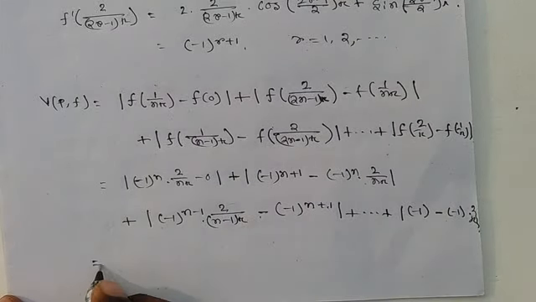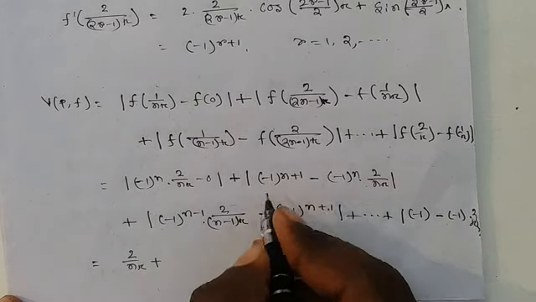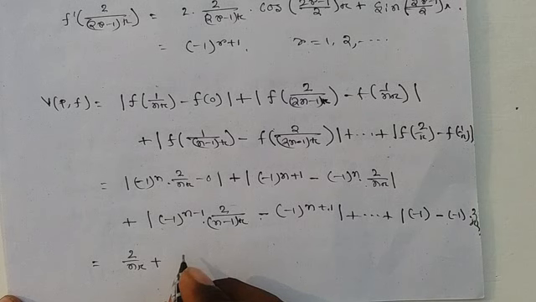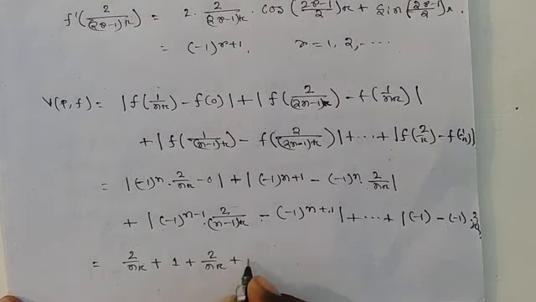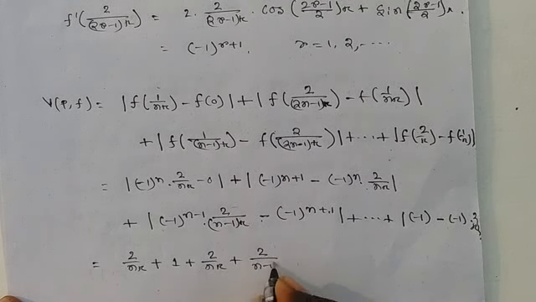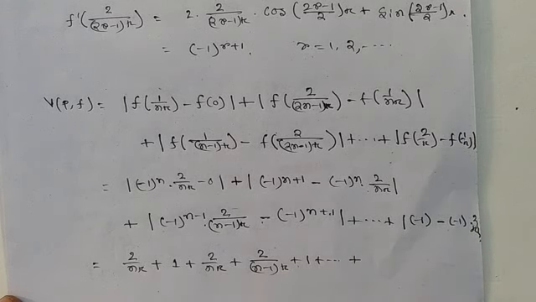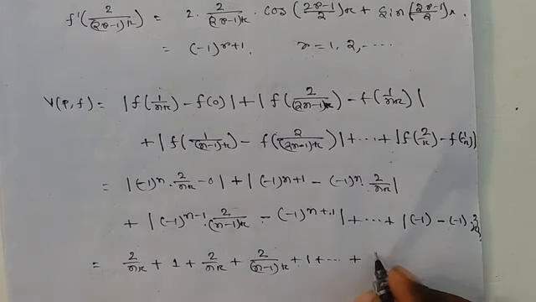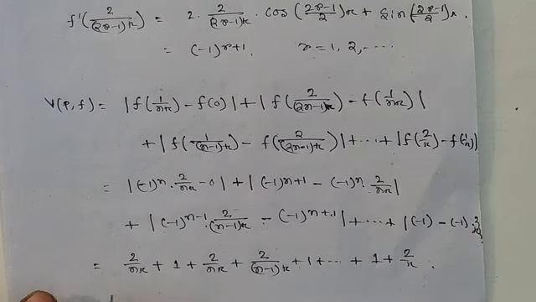So this is 2 by n pi plus, this is a modulus, so this is 1 plus 2 by n pi plus 2 by n minus 1 pi plus 1, plus and so on, this becomes 1 plus 2 by pi.